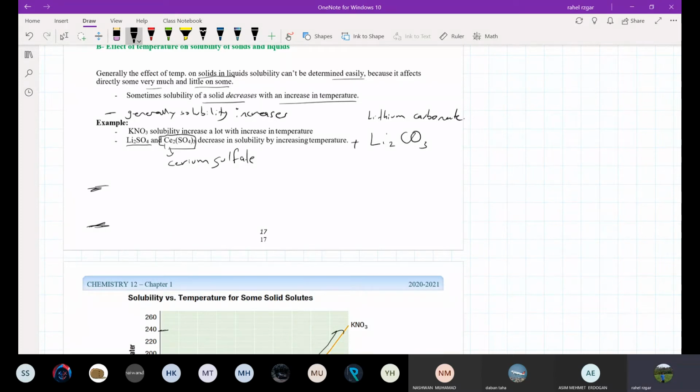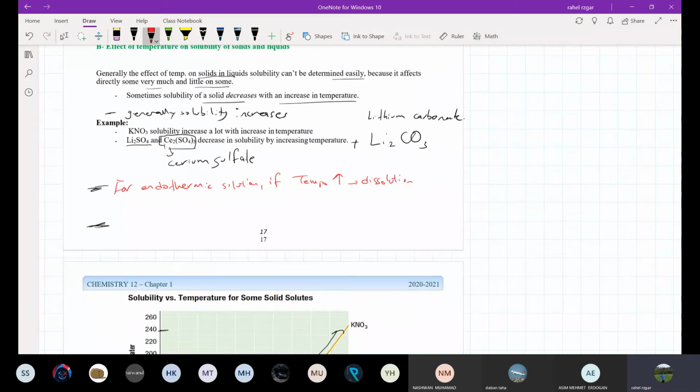Even though this part is not actually mentioned in the book, that's why I haven't written it in the booklet, I'm going to write it down for you in a different way. We will say, for an endothermic solution, which I'm going to explain, if temperature increases (this sign means increase), what happens?